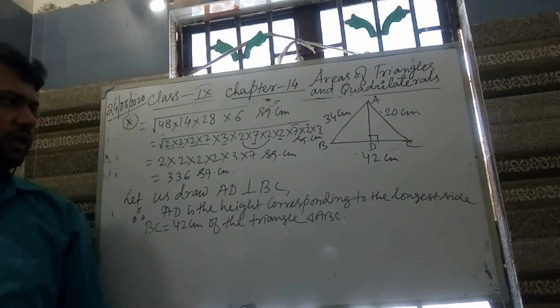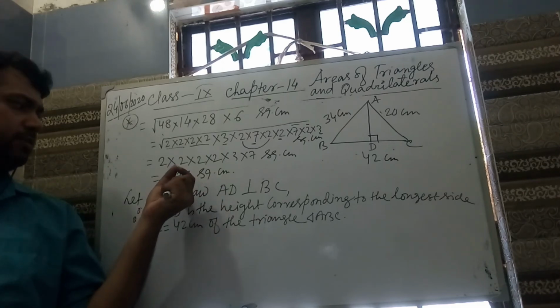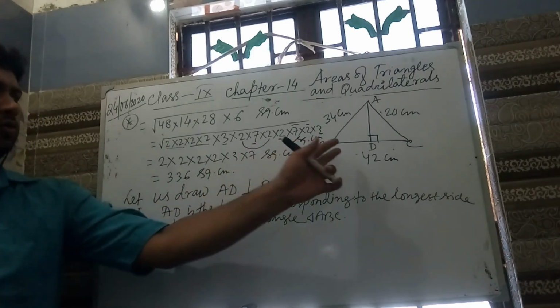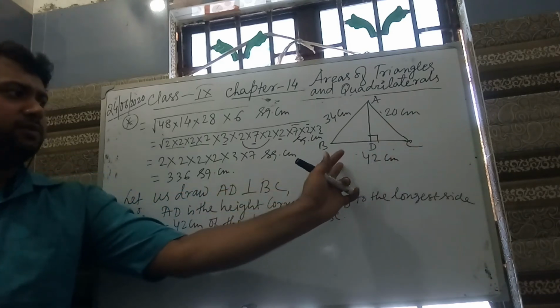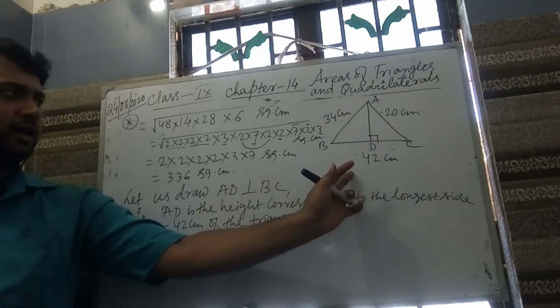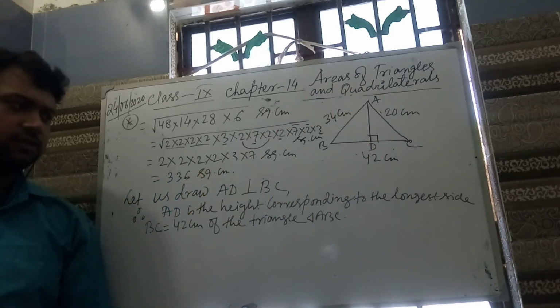Now look, we have already found out the area of the triangle ABC to be 336 square centimeter. Here we have BC equal to 42 centimeter as the base and AD as the height.